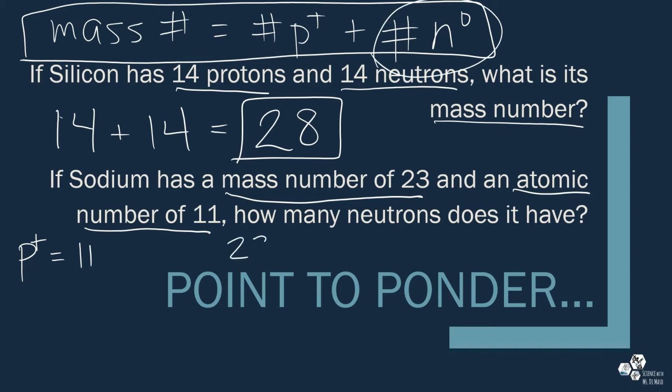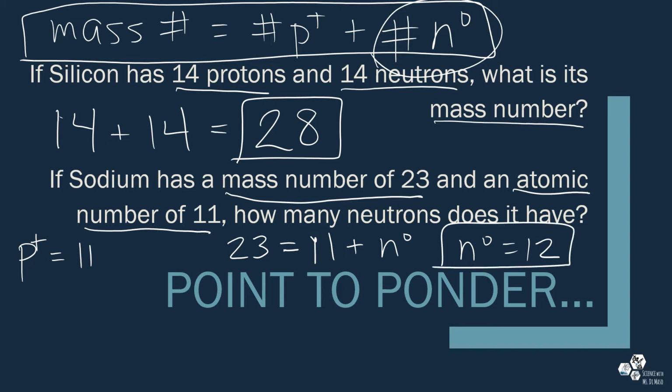So 23 is our mass number, and it is equal to the number of protons, 11, plus the number of neutrons. When we do that math, you take 23 and you subtract 11 from both sides, and you get that the neutrons, there will be 12 of them. All right, let's move on.